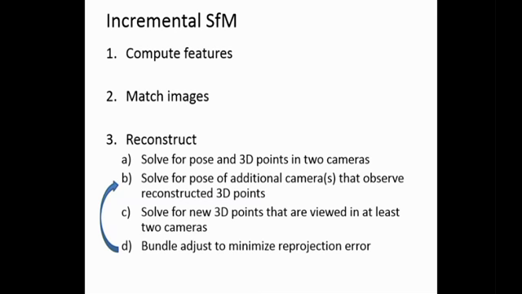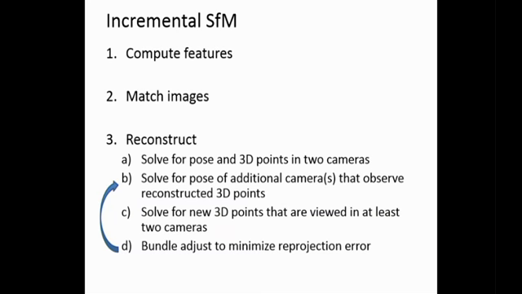So this is the broad outline for incremental structure from motion. You first compute features, typically SIFT or something like that. Then you match images to each other by matching features and solving for a transformation between the images and finding inliers.